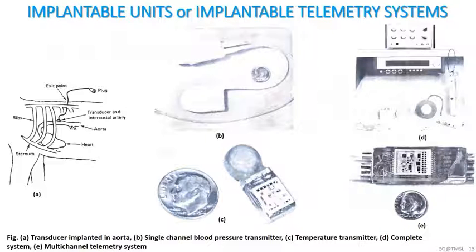So here are some implantable units, or implantable telemetry systems. The first one is the transducer which is implanted in the aorta.